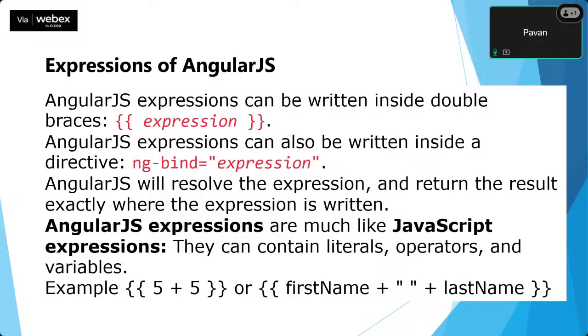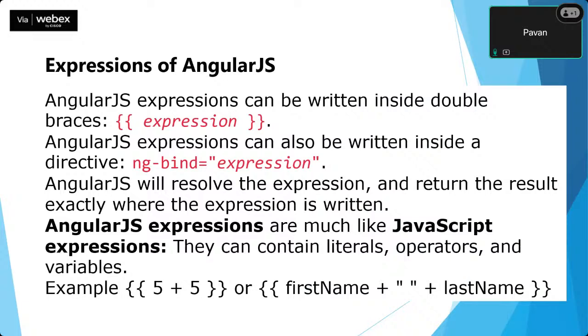Here it's an expression: what is 5 plus 5? It will be solved, that is 5 plus 5 is 10, and that will be returned to the web page. So instead of using variables here, we are directly passing constants.